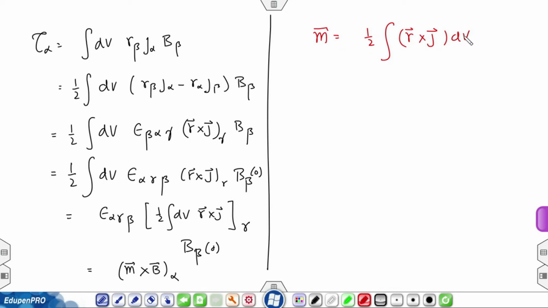And therefore, the torque on this current distribution comes out to be m cross B.